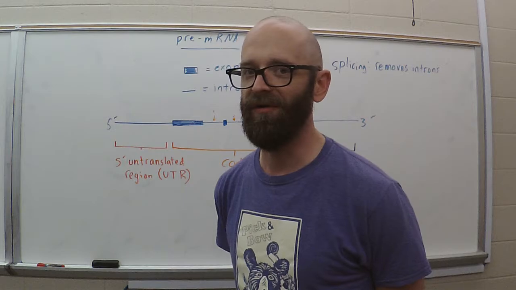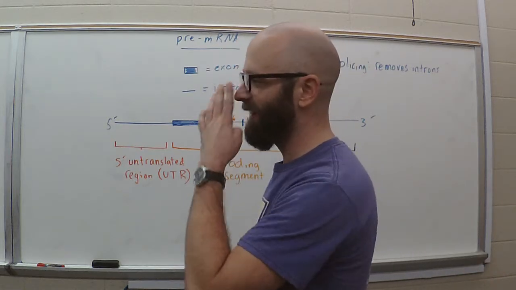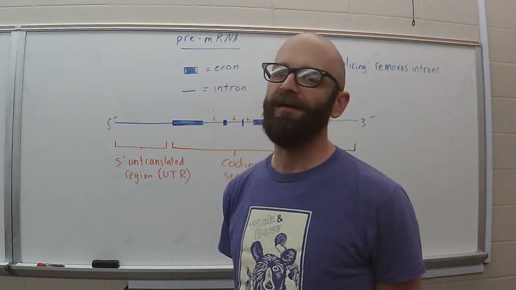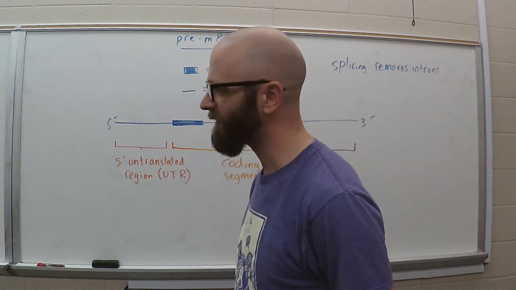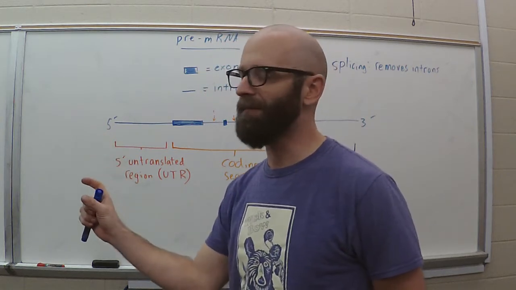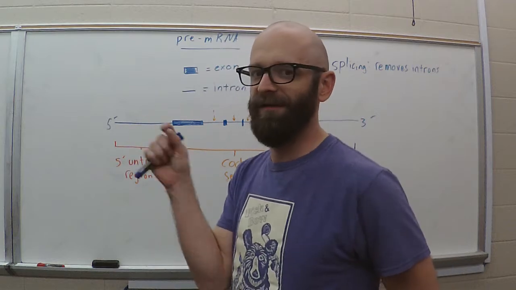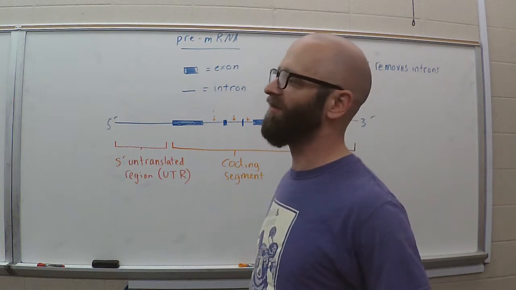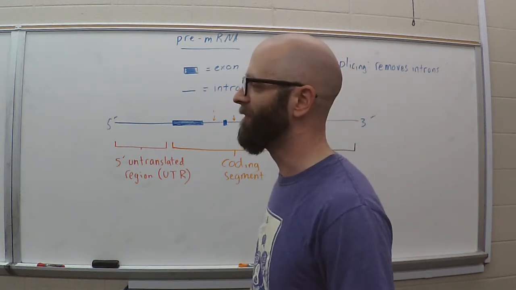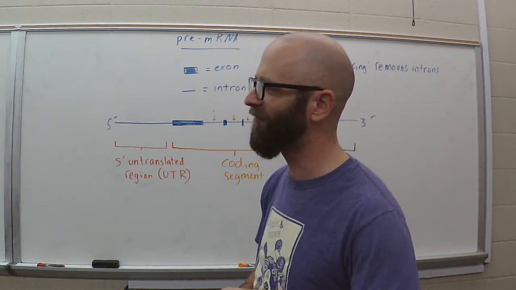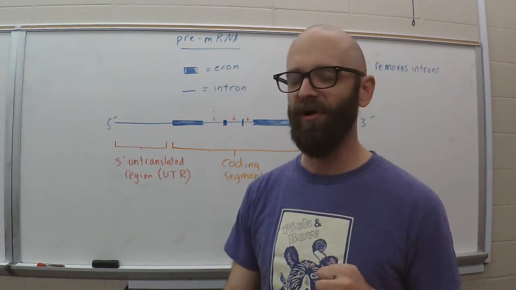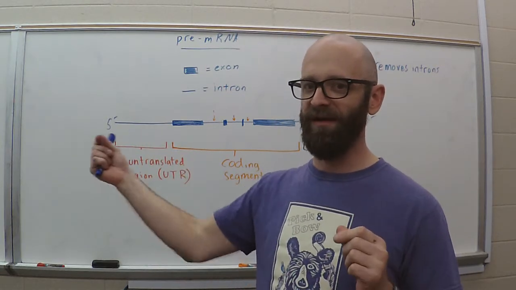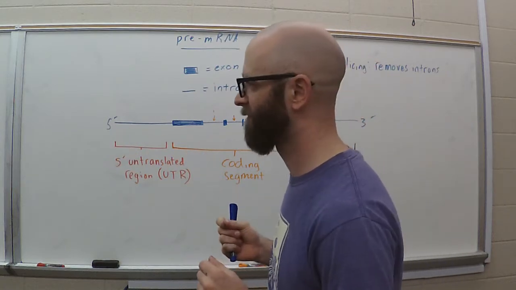The black letters are encoding introns, and the red letters are encoding exons. So what I want you to see is that there's a lot of variability in the lengths of these various sequences. Some of the exons are really short, some of the exons are really long, some of the introns are huge. And so before this piece of pre-mRNA is ready for translation, all those introns need to be removed so that you have one continuous sequence that encodes your protein.